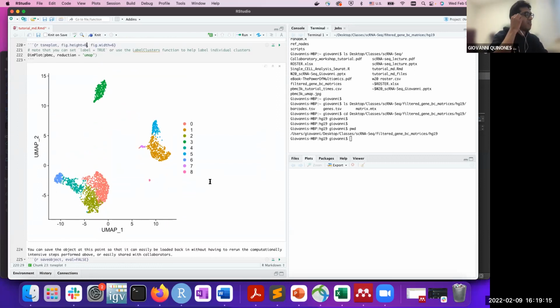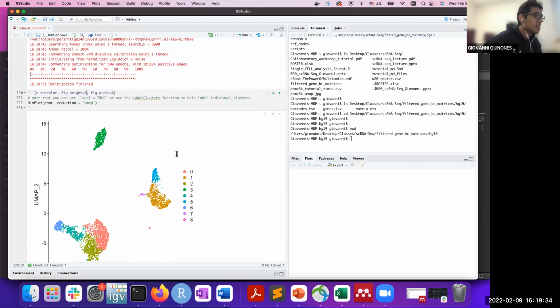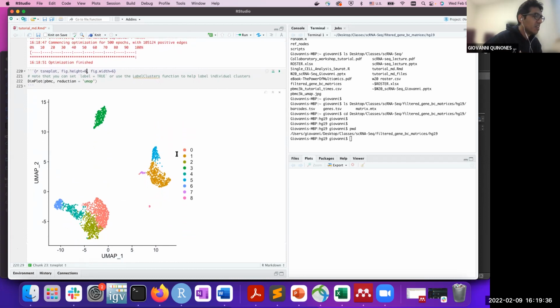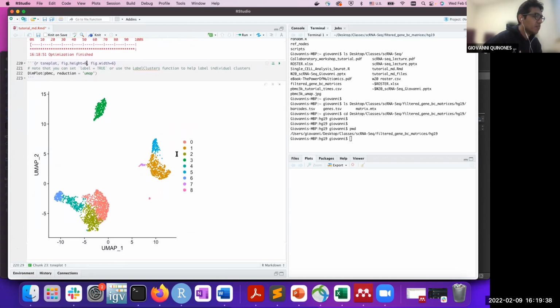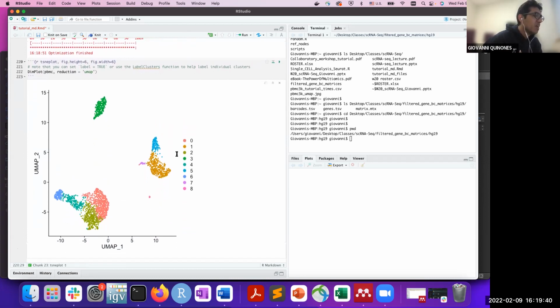And here we have the representation of our original set of cells in a nice 2-dimensional space. And you can see that they are colored based on different clusters. These clusters we determined beforehand with the KNN algorithm and the modularity algorithm.